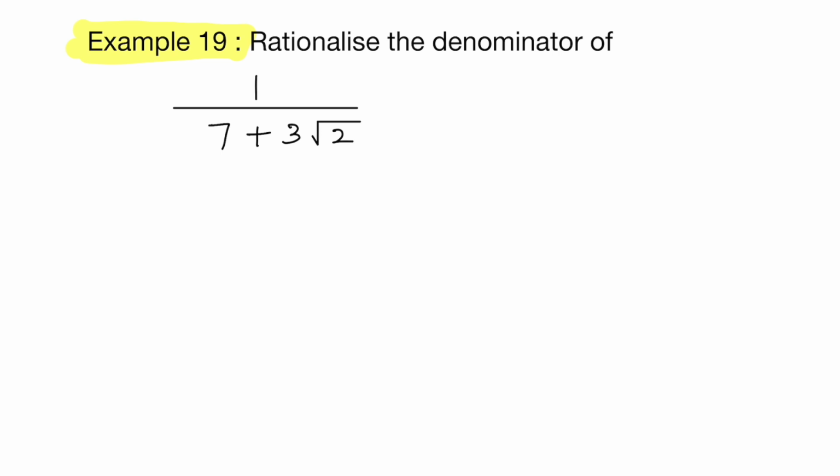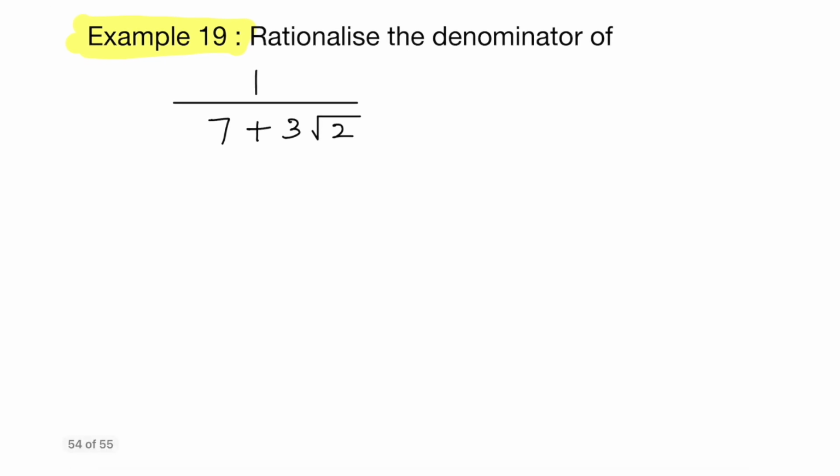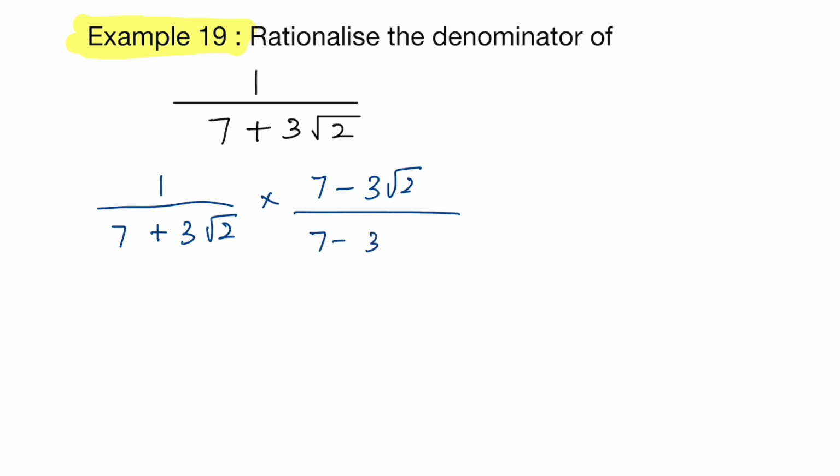You guessed it right, it's a plus b into a minus b is equal to a squared minus b squared. We are just going to use the same technique here. So let me just rewrite the question again. So 1 divided by 7 plus 3 root 2, and we are going to multiply that with 7 minus 3 root 2 divided by 7 minus 3 root 2.